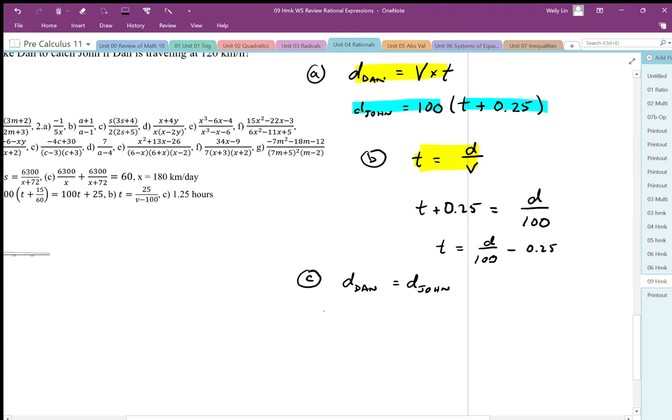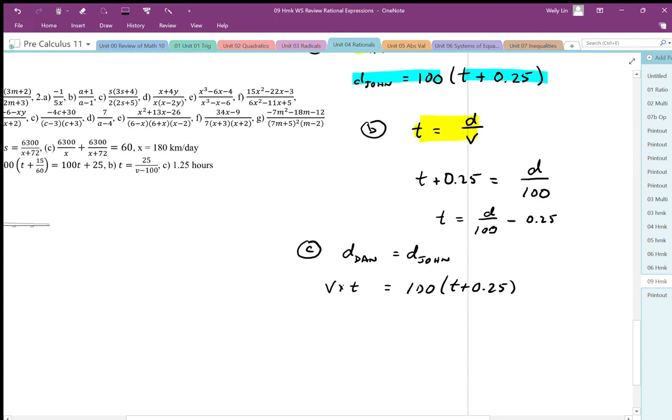So distance for Dan is v times t. The distance for John is going to be 100 times t plus 0.25. The velocity for Dan is now given as 120, so I'm going to replace that with 120 kilometers per hour, and then we solve for t.